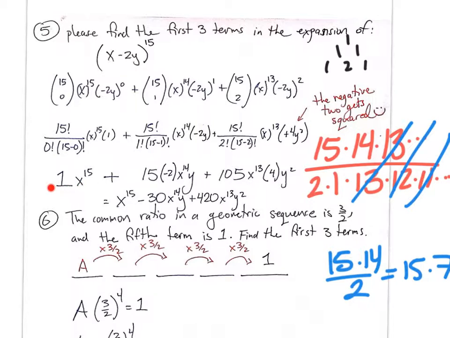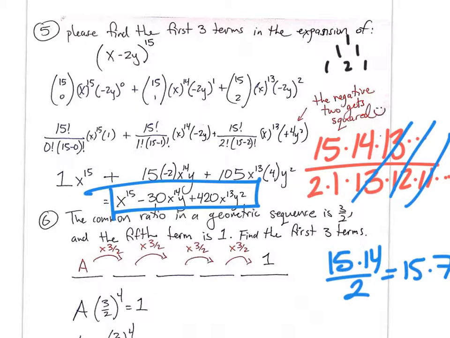So when we simplify, we end up with x to the 15th, and then minus 30 x to the 14th y, and then this, we get the 105, and the 4 came from this negative 2 squared. So don't forget that if there's a coefficient, that gets the exponent as well, not just the y. So that's where the 4 came from. The 4 goes in here. 4 times 105, 420, x to the third, y squared.